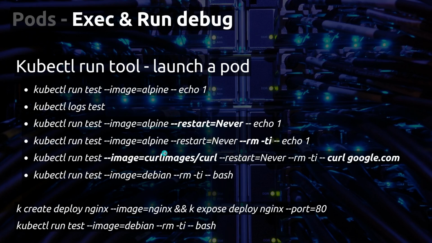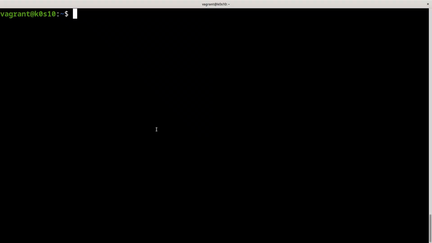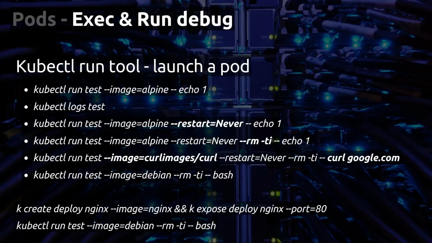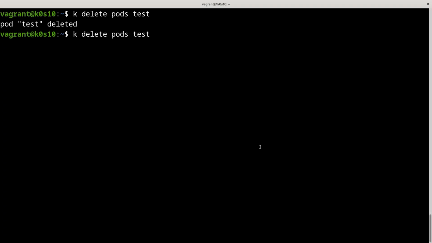Another use case: we want to spawn a pod, but when the process in the container is completed, we don't want to keep the pod. To do that, we can delete our pod again and use --rm to remove the pod when the process exits, and -ti to have a terminal in interactive mode.